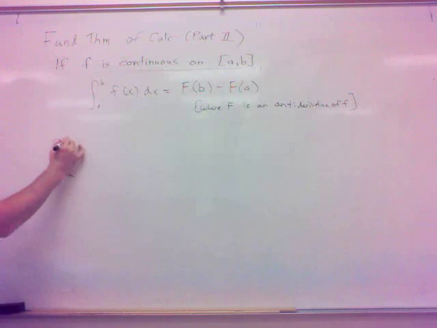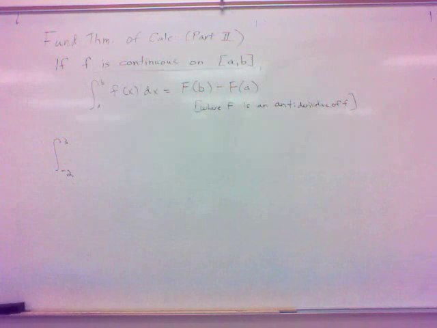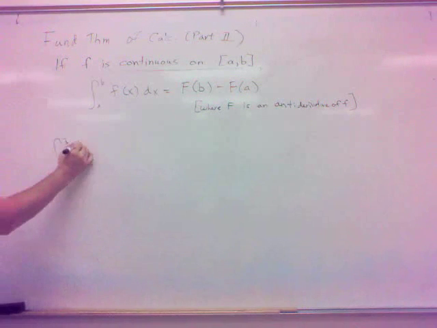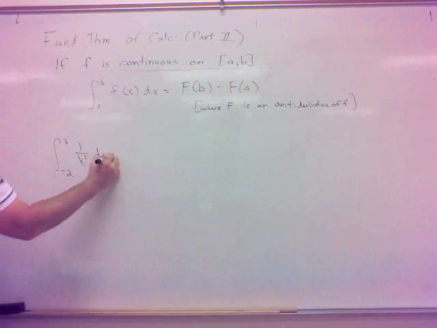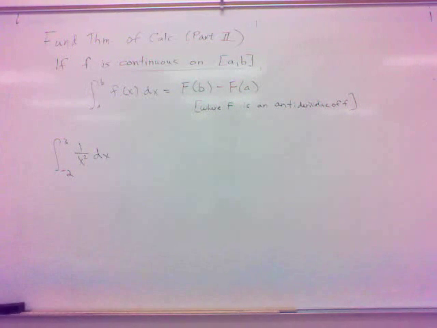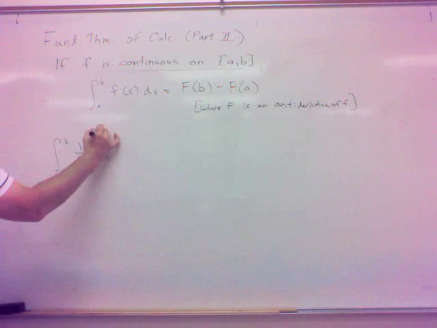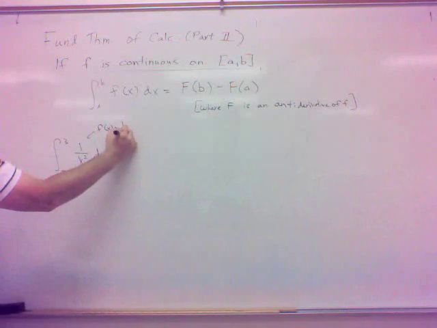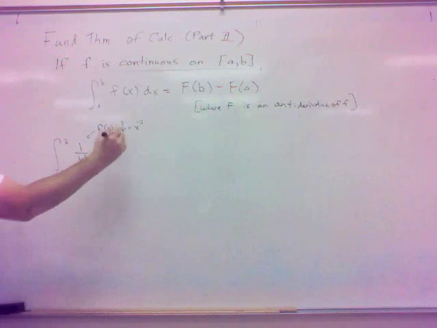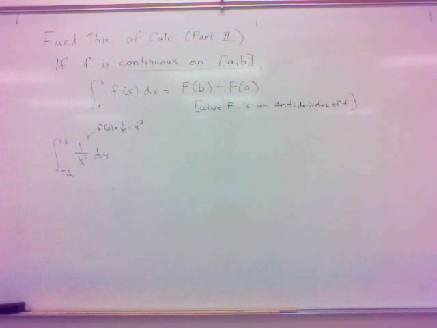From -2 to 3 of 1 over x squared dx. That being f of x, 1 over x squared, or x to the -2 power. What's the antiderivative of x to the -2?